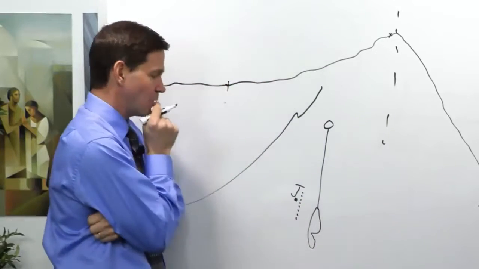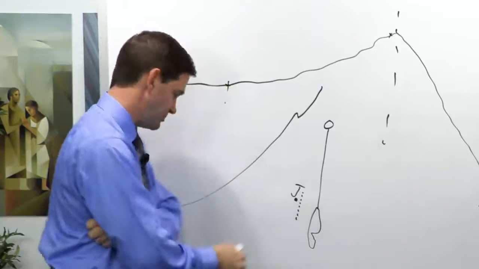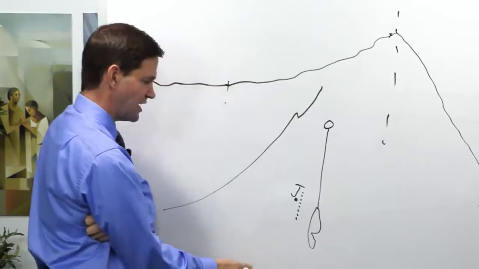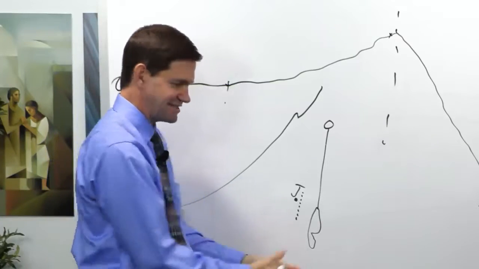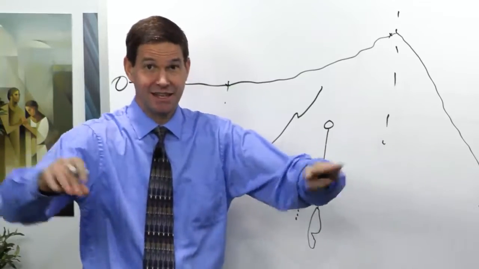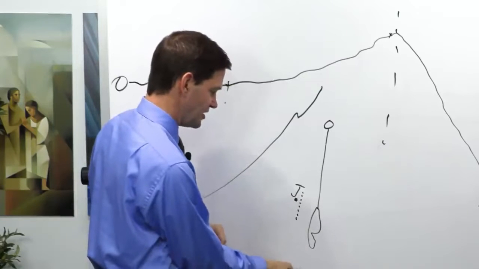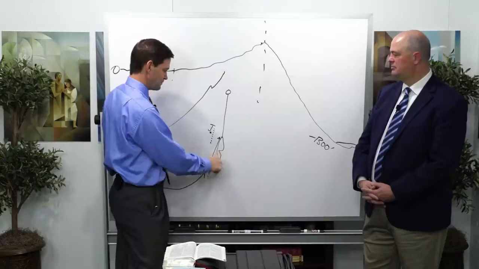Remember that when Abraham and Sarah came out of Egypt with Lot and his family and his household, they came into here, and that's when they realized, you know what, we can't live in the same place. We need to divide.